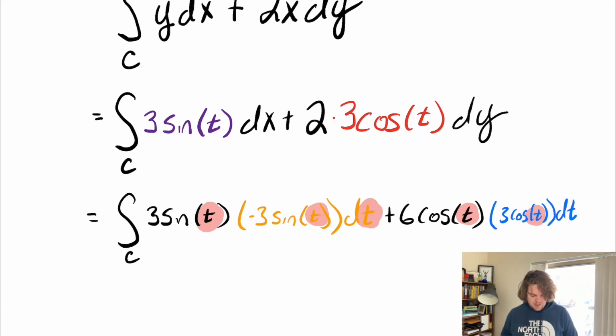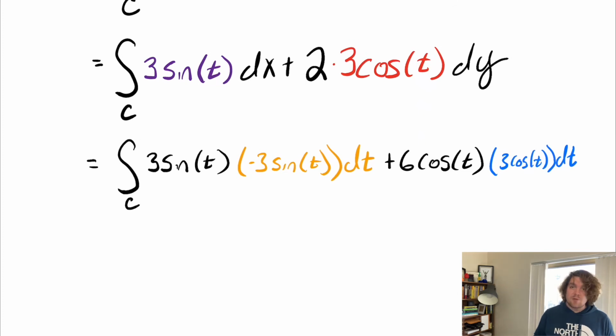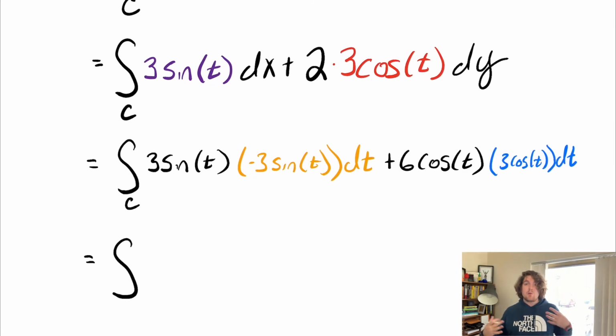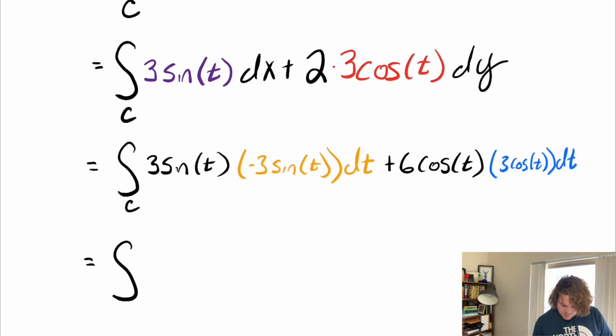So really we've taken our line integral in this strange differential form and we've turned it into a normal Calc 1 integral. Let's clean this up a little bit before we try to integrate. We've incorporated the curve into the integral now, and we're just integrating with respect to t, looking at the values of t between 0 and 2 pi. So we can replace our limits of integration with 0 and 2 pi.